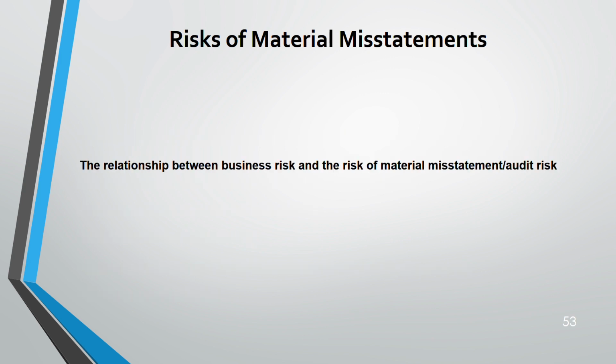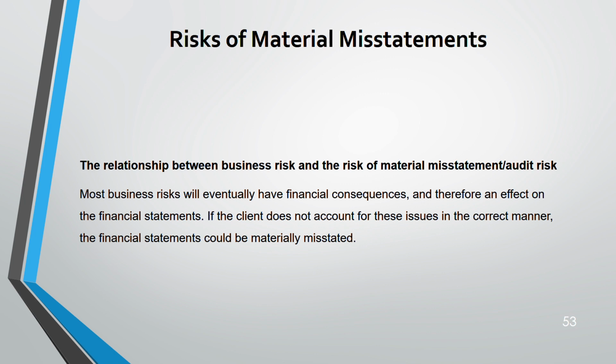So the relationship between business risk and the risk of material misstatement, or audit risk, they are the same. What is the relationship between business risk and audit risk? As I told you, many business risks will have financial consequences. That means they will have an effect on the financial statements. So anything having an effect on the financial statements means there's a chance that the financial statements could be materially misstated. Hence, it will affect the audit risk.